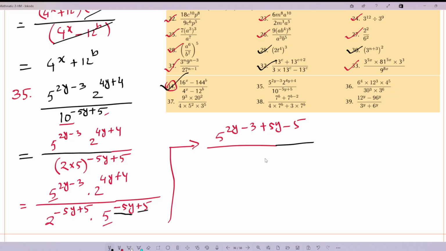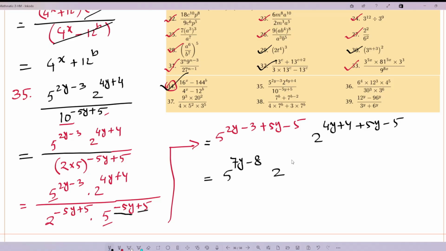Okay. Now for the 2, here is 4y plus 4 and minus 5y becomes plus 5y and plus 5 means minus 5. So here is 5 to the power 7y minus 8 and 2 to the power 4y plus 5y, it means 9y, and plus 4 minus 5, it means minus 1. So this is our answer.